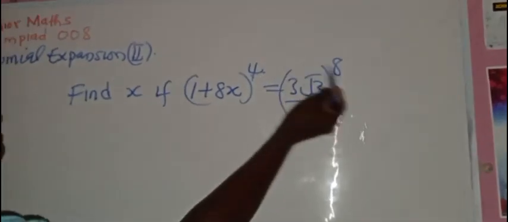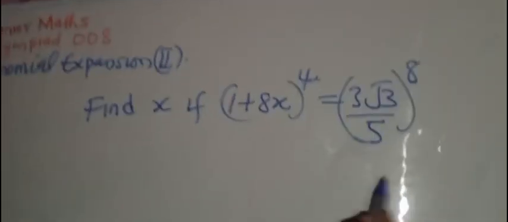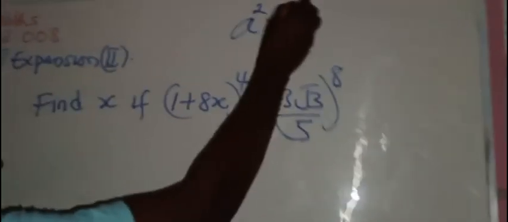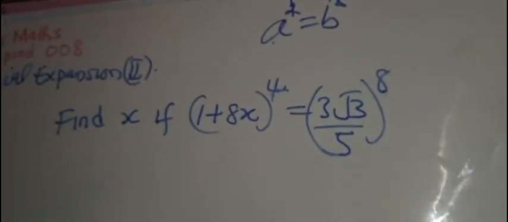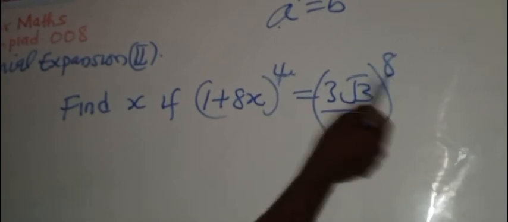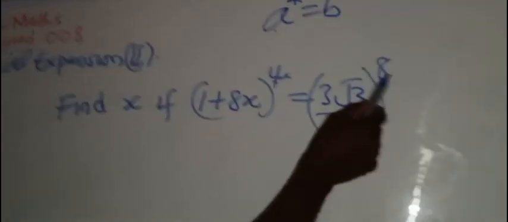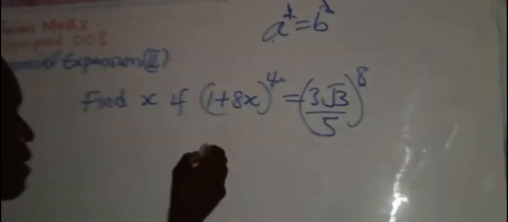You try to make the exponent the same so I can cancel it, because there is a law in indices that says if a raised to the power 2 equals b raised to the power 2, exponent cancels exponent, so a is equal to b. Since you are saying 4 and 8, and you know that 4 is a multiple of 8, you try to express this like this.